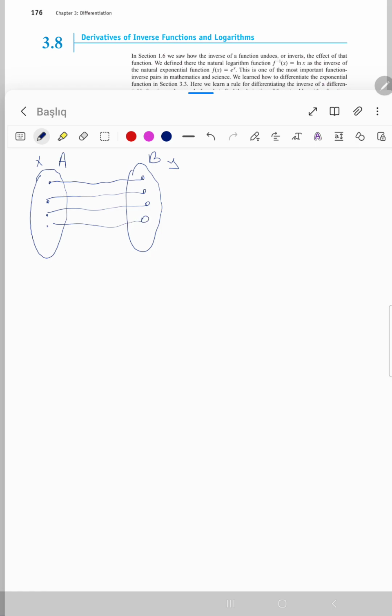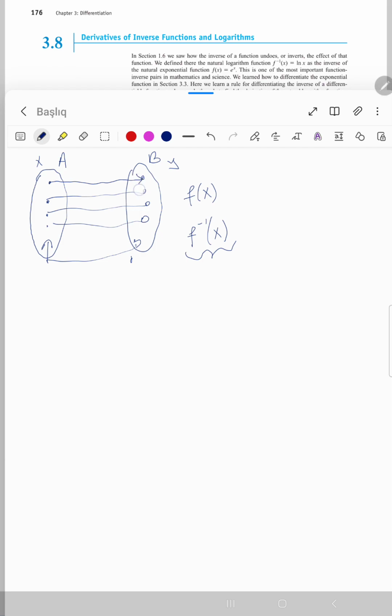So we have a function f, and it maps elements from set A to set B. But in an inverse function, it will be vice versa. So the inverse of f(x), of course, is denoted like this, and will map elements from set B back to set A.